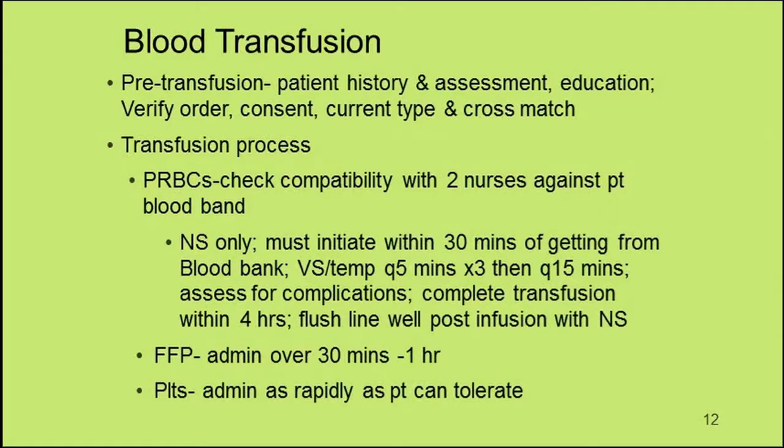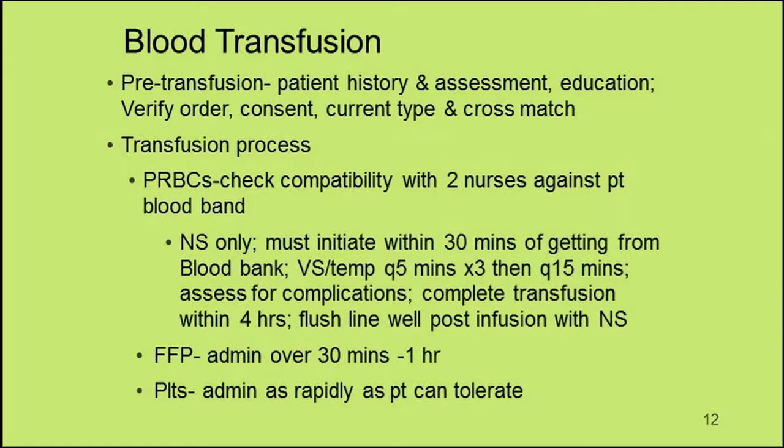A lot of times, a doctor will order a unit of blood to run. Sometimes they'll just do a rate. They'll do like 50 mils an hour. Well, if you do that, you're going to be pushing the 4-hour limit. So you kind of have to keep that in mind.